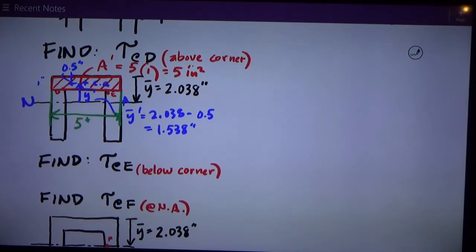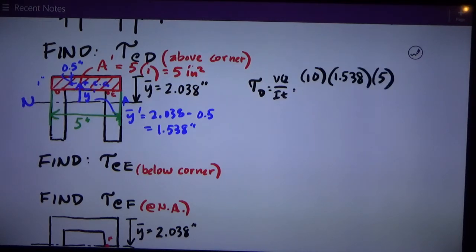So now I know all my numbers, so I can calculate my shear stress at D. So that's tau at D is VQ over IT. V is 10 kips. Q is Y bar prime, 1.538, times A prime, which is 5 square inches.